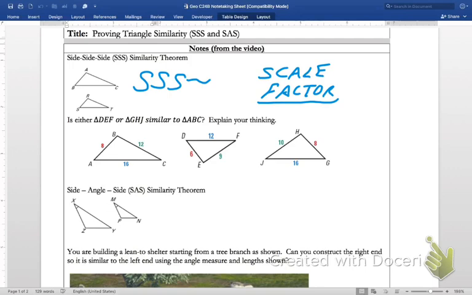So let's go down here, and we're going to make some comparisons in these particular triangles. What we're going to do is match some pieces up. It says, is either triangle DEF or GHJ similar to triangle ABC? This is our main triangle we're comparing. I put that in blue.